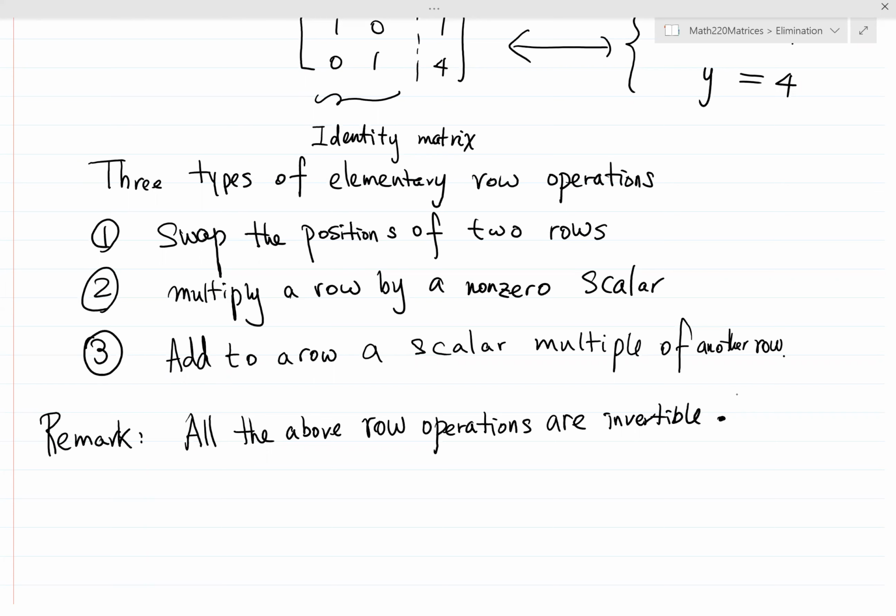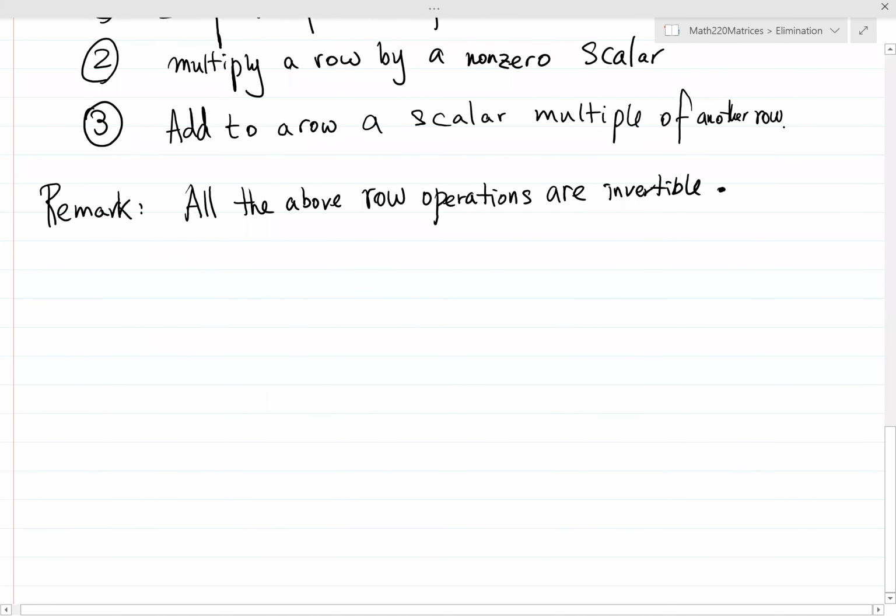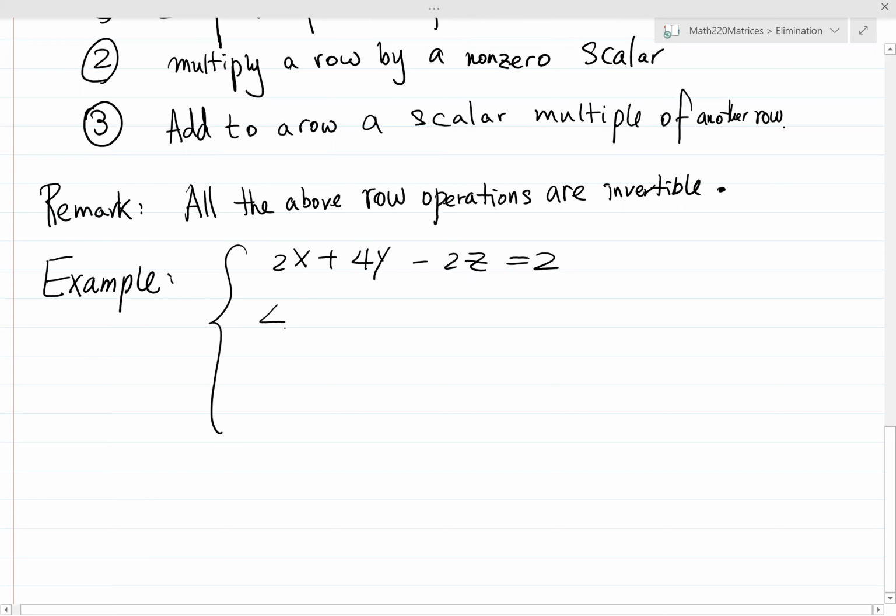Let's quickly do some examples. Let's see this example. 2x plus 4y minus 2z is 2. 4x plus 9y minus 3z is 8.